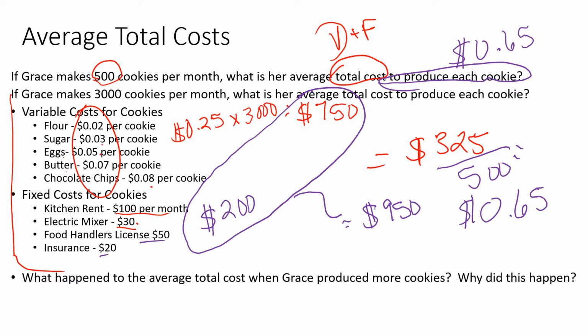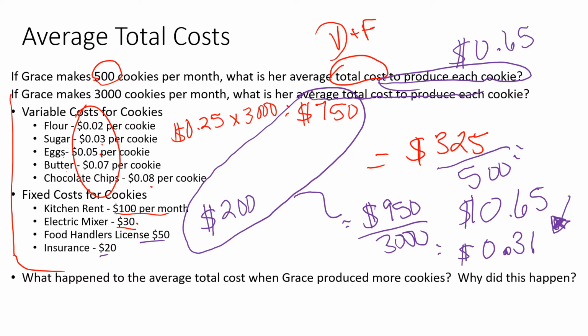However, we want to know what is the average total cost per cookie. So we're going to take that $950, divide it by 3,000, and we are going to get approximately 31 cents per cookie. So we did this exercise to show you that as you increase production, your cost per cookie, or your average total cost, tends to decrease, at least at first.